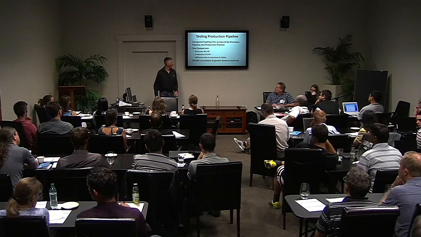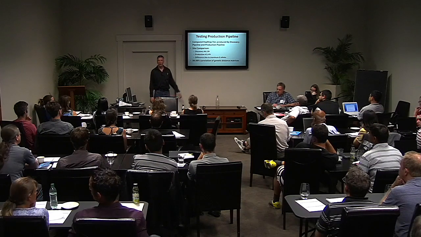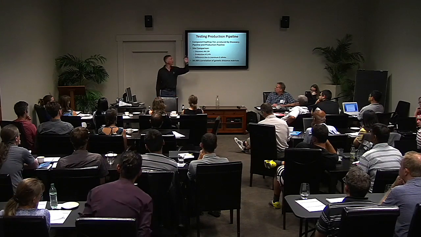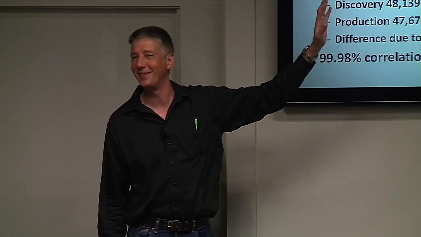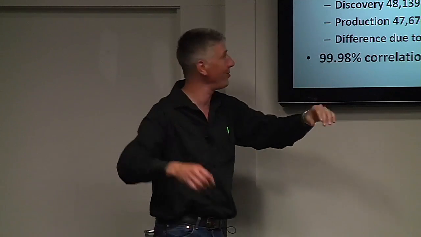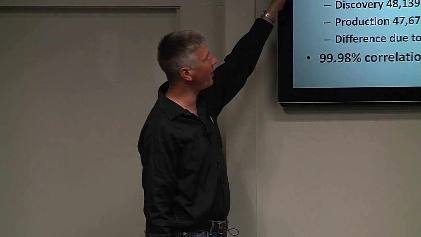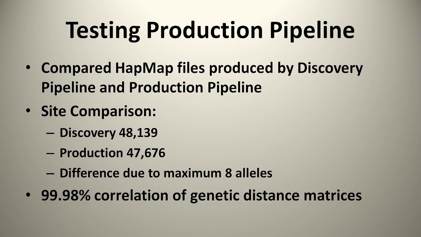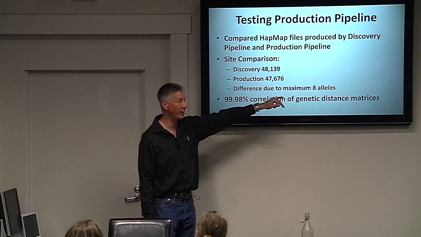So I've talked about testing, right? We tested this production pipeline. We didn't just say, oh, here, go use it. We compared HapMap files produced by the discovery pipeline and the production pipeline, and we did a site comparison. The discovery had 48,000, and production had 47,000. This needs to be updated, because at the time, the TOPM could only hold 8 variants.